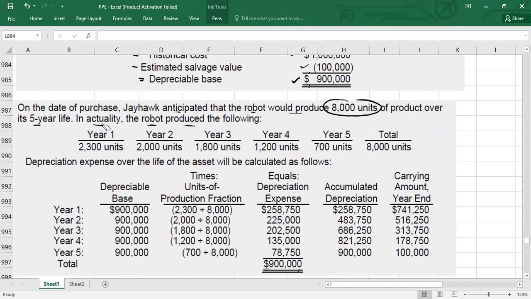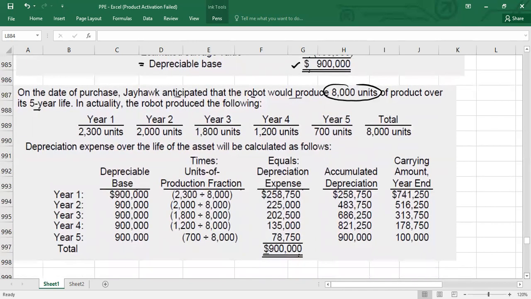If you want to calculate the depreciation now, what will you do here? So first you will write the years 1, 2, 3, 4, 5.